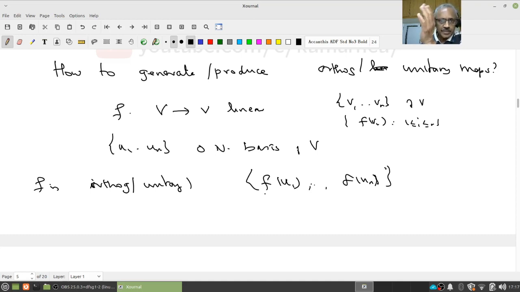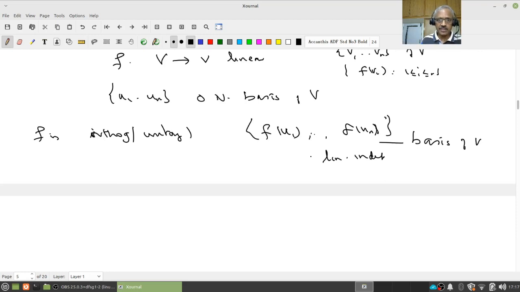And as you should remember, any 1-1 linear map carries a linearly independent set to a linearly independent set. Therefore, this must be a linearly independent set. Do you agree with that? And how many are there? They are n in number. But what is the dimension of V? That's also n. Therefore, this must be a basis of V. That's very easy because it's pure linear algebra. But I still have not used the fact that f is inner product preserving, because whatever I said about u1, u2, ..., un will work as long as f is a linear 1-1 map.